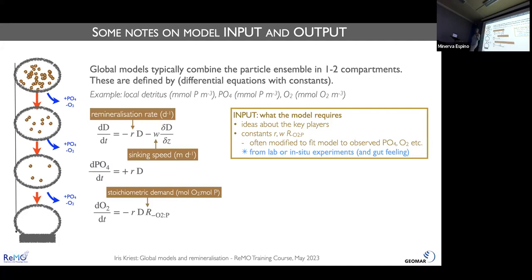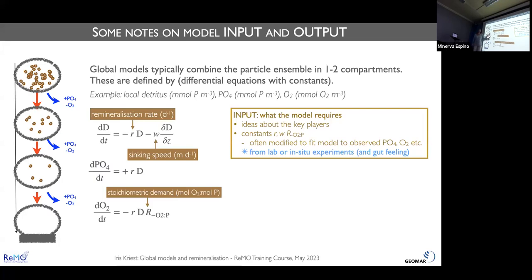These are typically set beforehand. So for example, this could be something like 0.12 as presented by Morten earlier today. Or the sinking speed could be 10 meters per day. So these have to be defined before we run the model.